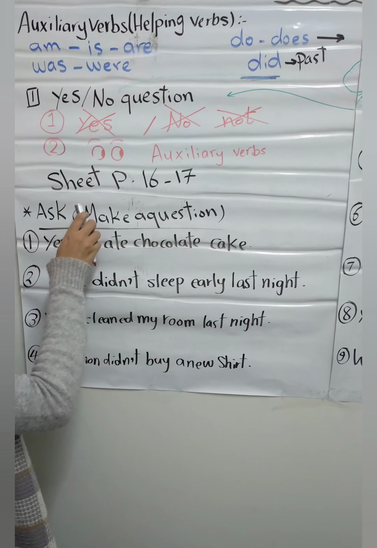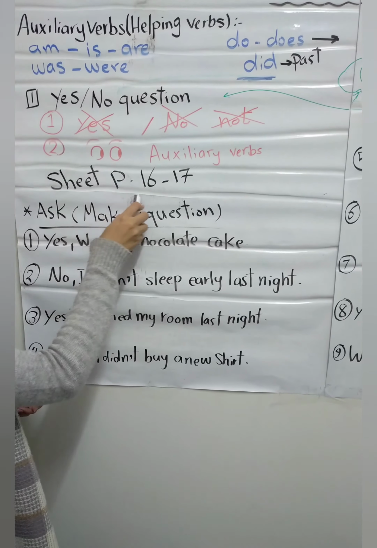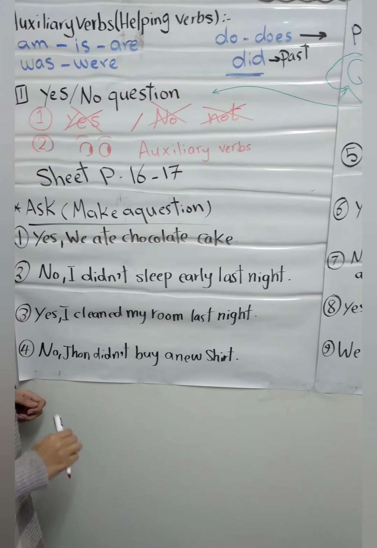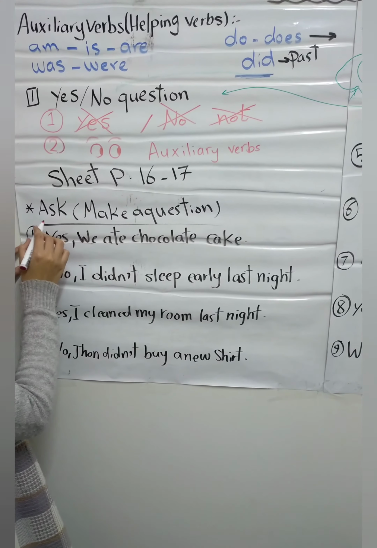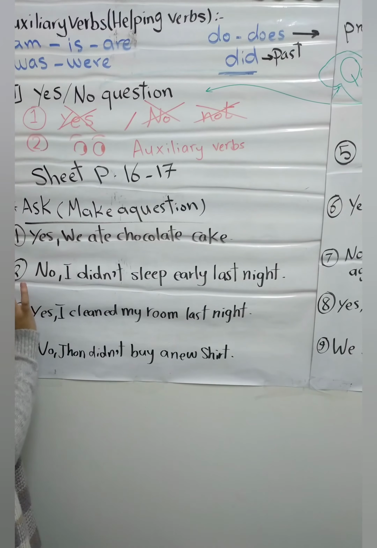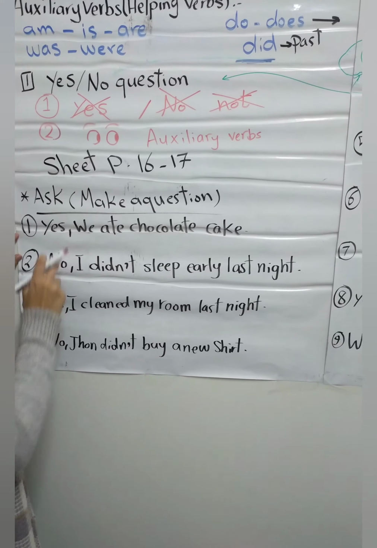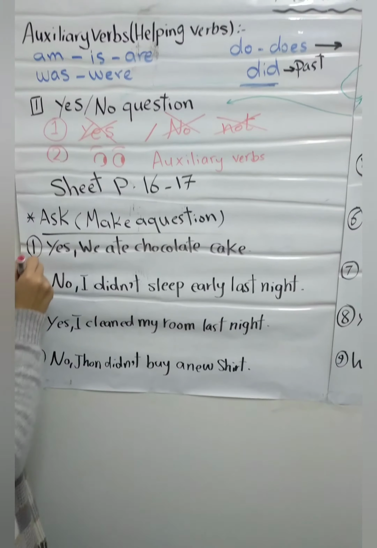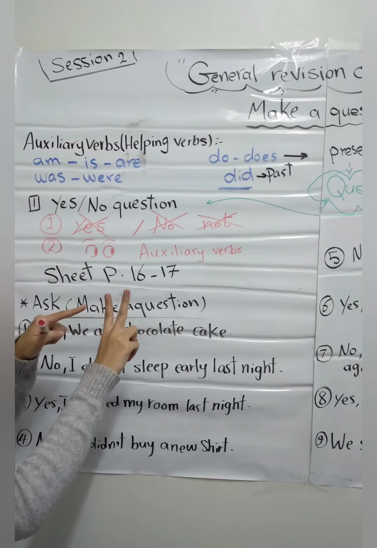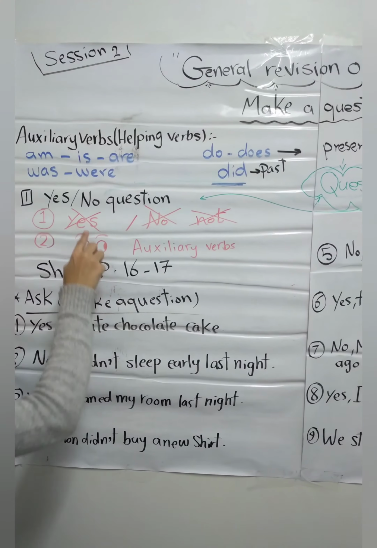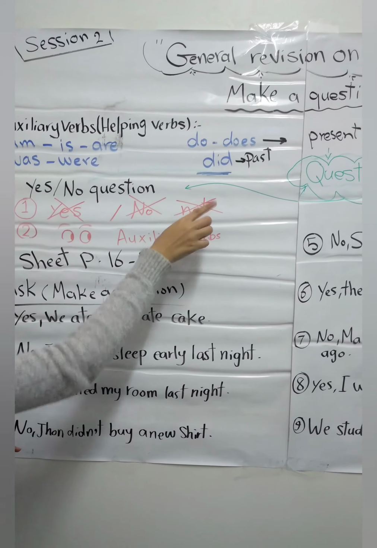Okay, let's continue, Junior. Open your revision sheet, page number 16 and 17. Here, he told me to ask or make a question. Number 1, yes, we ate a chocolate cake. This is a yes or no question, so we have to follow 2 steps. Step number 1, cancel yes or no and not.